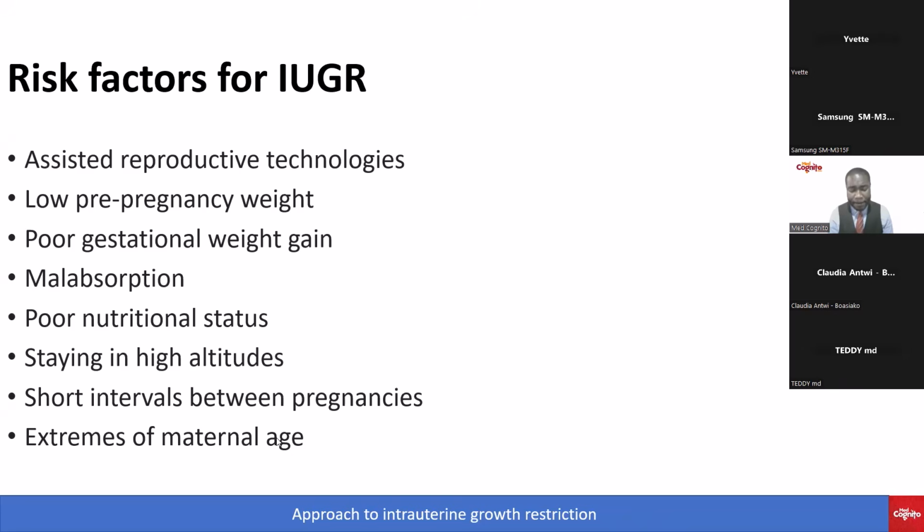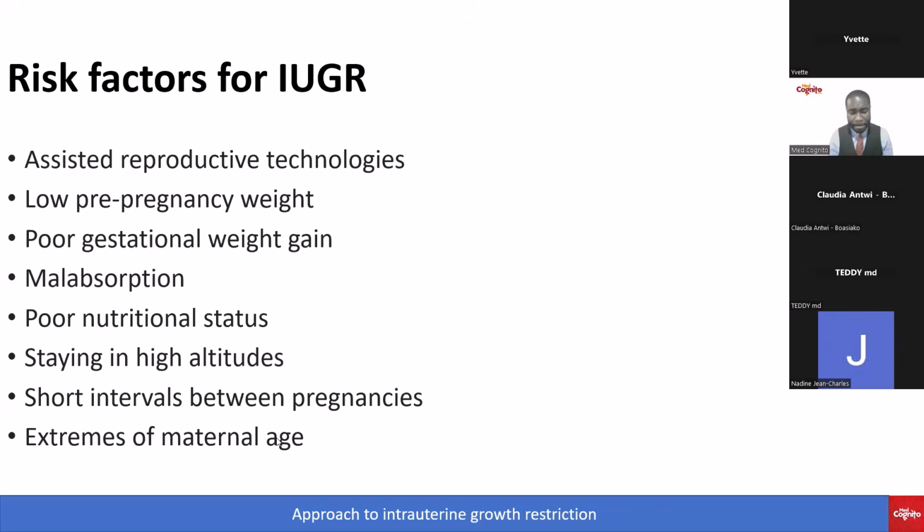And then maternal, we can look at if the mother has a previous history of intrauterine growth restriction, if the mother has diabetes, if the mother has hypertension, if the mother herself when born had intrauterine growth restriction, the use of alcohol, misuse of alcohol, drugs, poor nutritional status of the mother, among others. Yeah, at least that's very good.